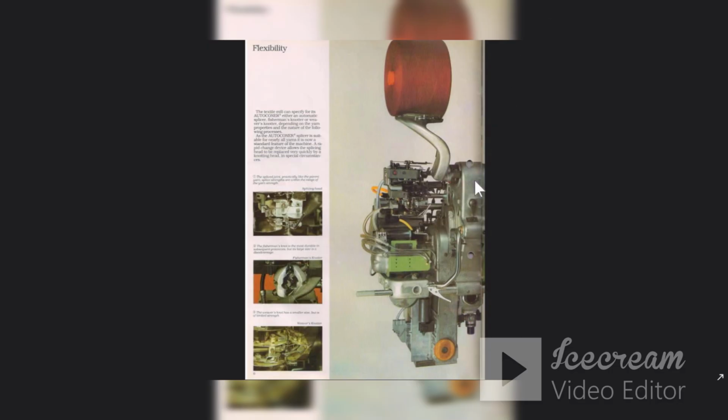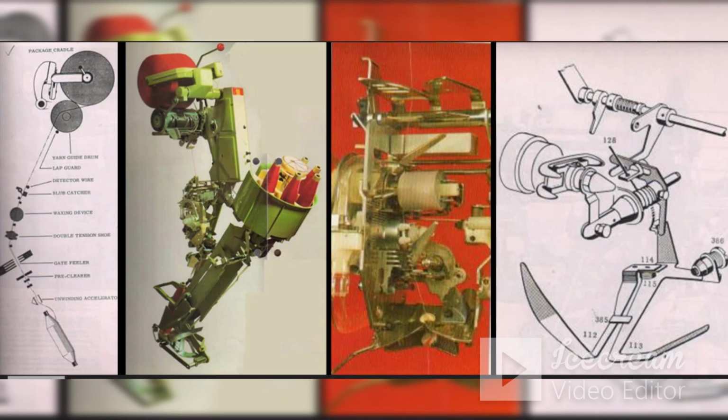So the whole unit remains the same, only the yarn joining unit has to be changed if you want to move over from weaver's knotter to fisherman's knotter or to splicer. Let me explain passage of yarn through AUTOCONER winding machines.